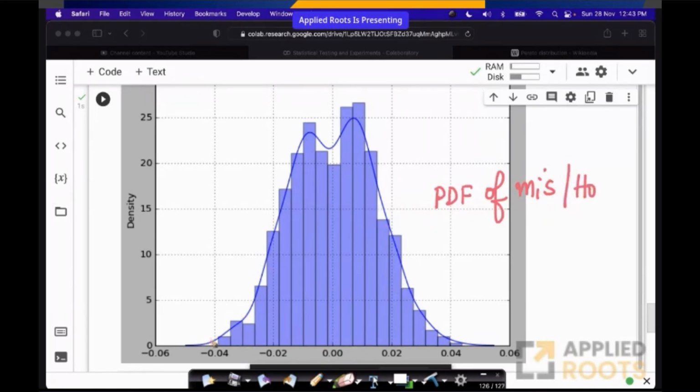If you see this distribution, there are two bumps here, but roughly speaking, it looks like a Gaussian distribution with the mean at somewhat like 0. It's not exactly Gaussian, but it looks like Gaussian.